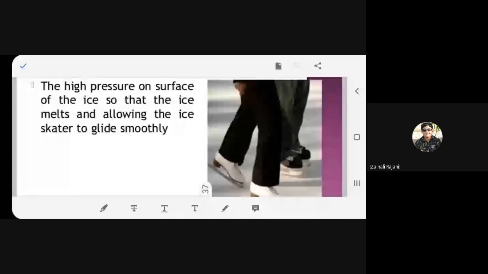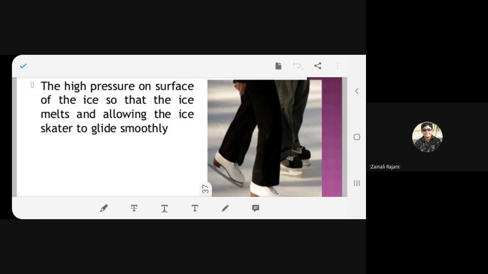So what happened? When you're applying the pressure on the ice by the skate, the skate is moving. Remember that. The skate is moving. There's a friction. You agree with me? Yes, because ice and skates are rubbing each other, right? So there's a friction. And I have taught you, by friction what is created?